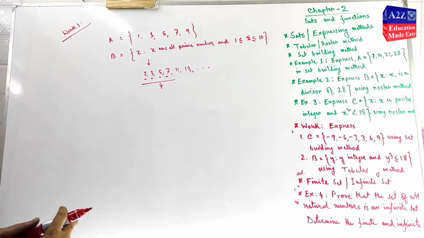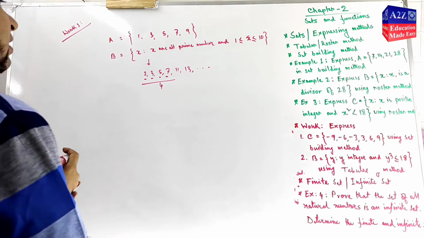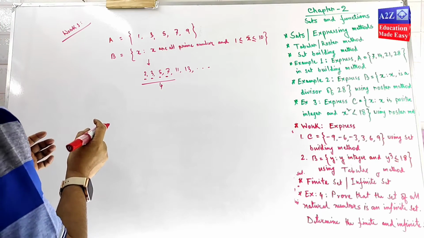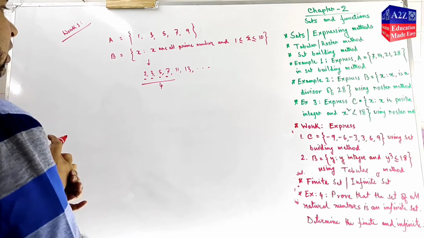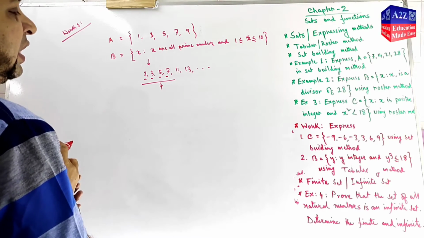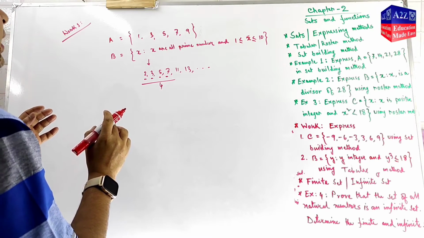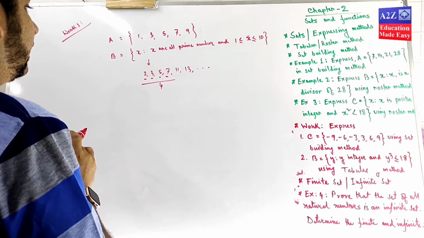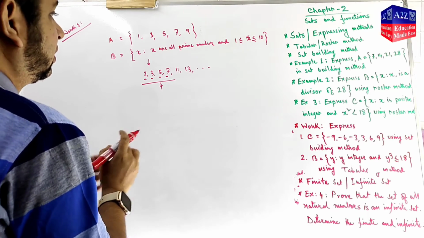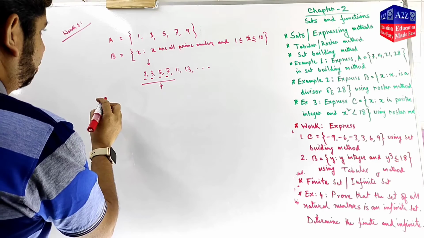Okay, now I would like to define an infinite set. An infinite set is exactly the opposite of this. You cannot count all the items of an infinite set. Infinite sets contain an unlimited number of elements, and the items cannot be exhausted by counting. I would like to give some examples.